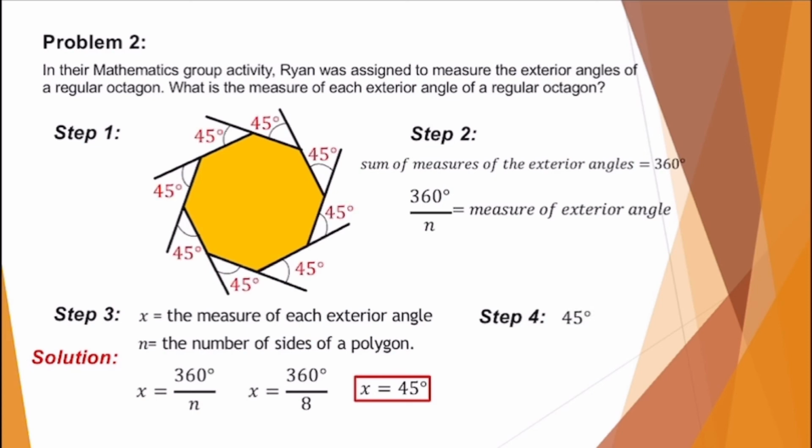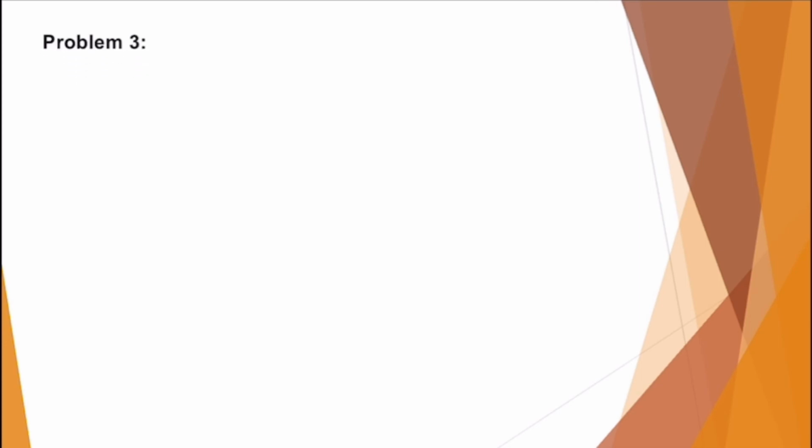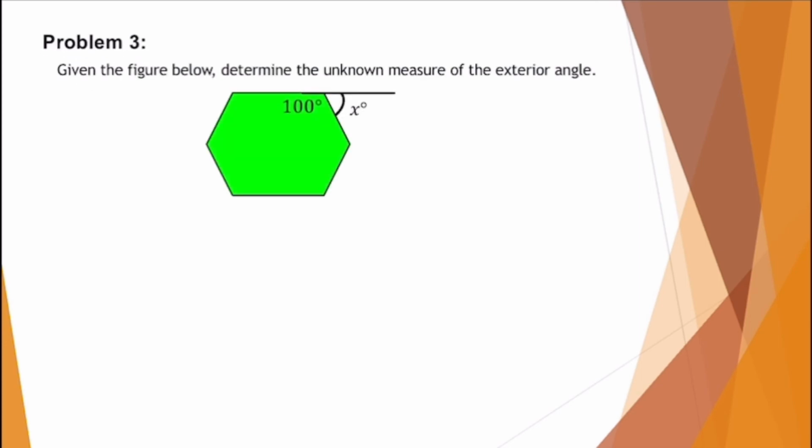Next problem. Given the figure below, determine the unknown measure of the exterior angle. For our step 1, in the given problem, our goal is to solve for the measure of each exterior angle of the given figure.